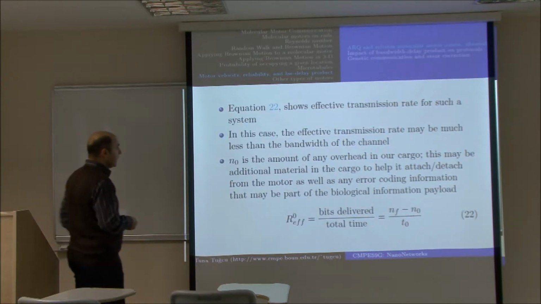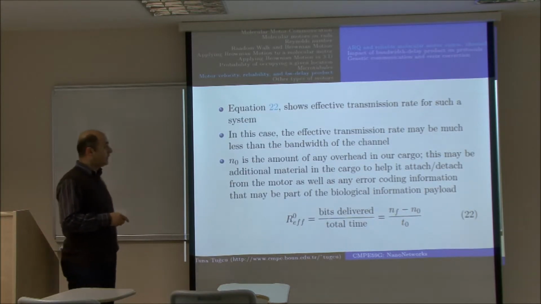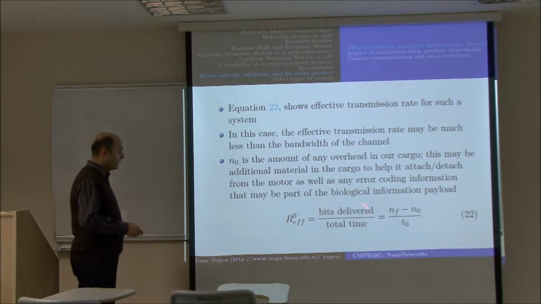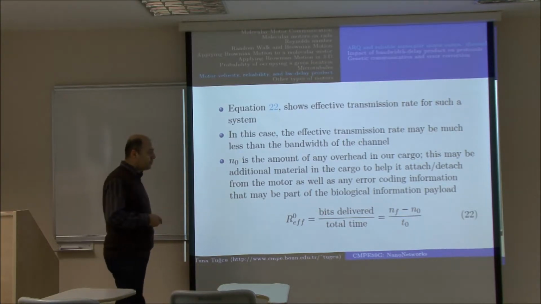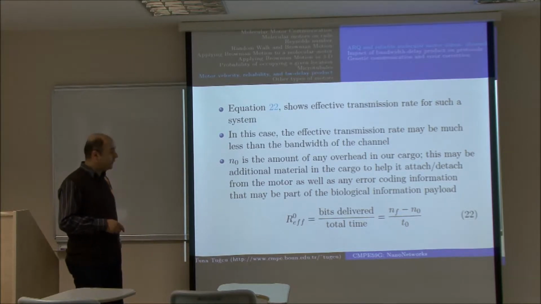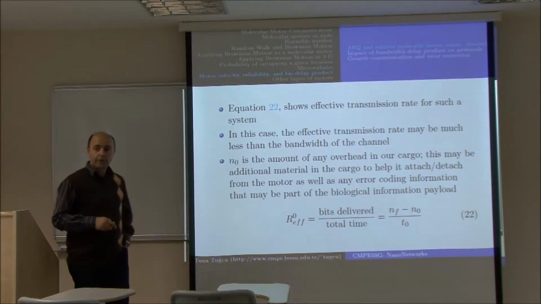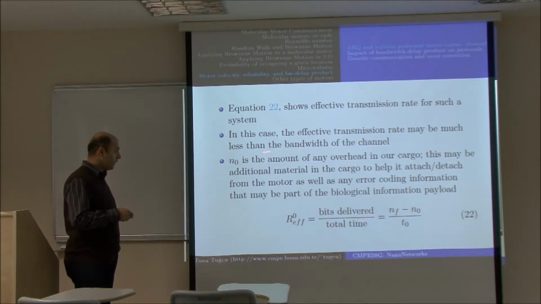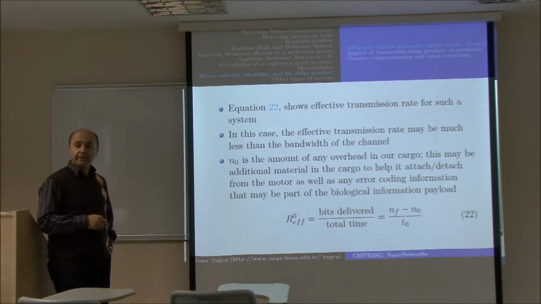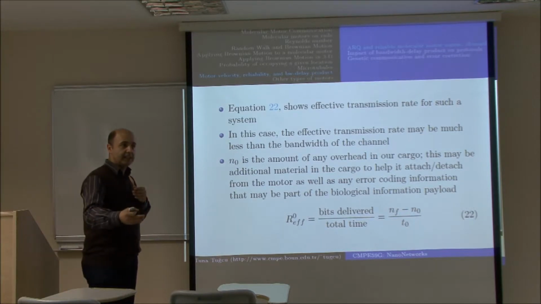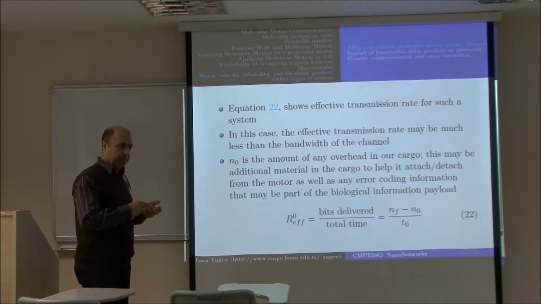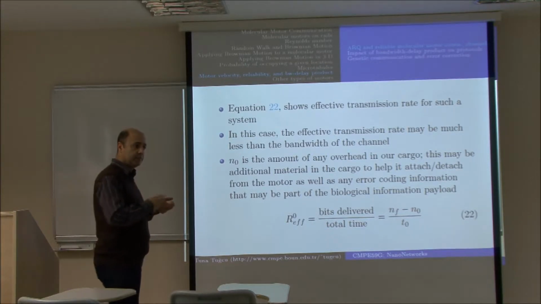Now the effective transmission rate can be defined as in here. The number of bits we're delivering will be the number of bits in the frame minus the amount of overhead. Because the frame I'm sending does not contain only the data, but there's also something more in it, typically what we mentioned as a header.